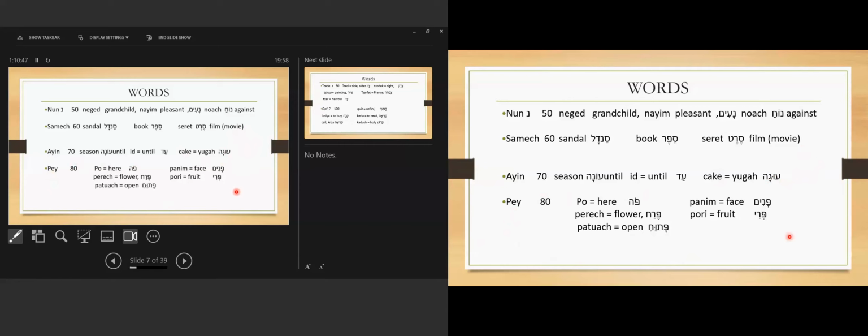Okay. Knessia. Now, Knesset is the government. Knessia is the church. Knessia is the church, the general church.